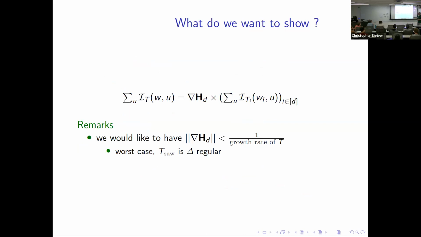And the worst case tree you have is a delta regular tree. Having a norm for the gradient that gives you something like 1 over delta, or delta minus 1, is basically equivalent to requiring from your Gibbs measure on the tree to exhibit strong spatial mixing.